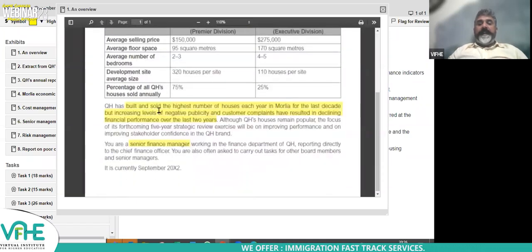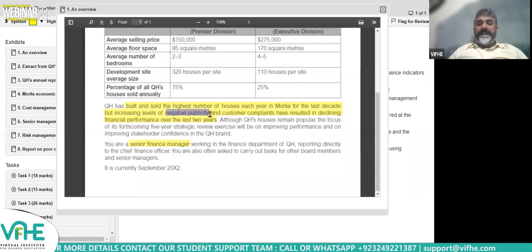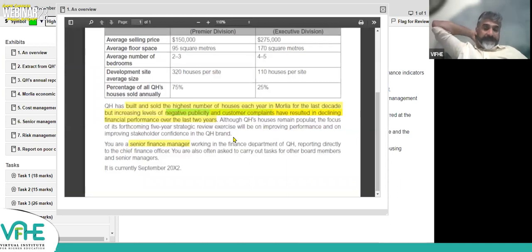They have built and sold the highest number of houses each year for the last decade. But increasing levels of negative publicity and customer complaints have resulted in a decline in financial performance over the last 2 years.